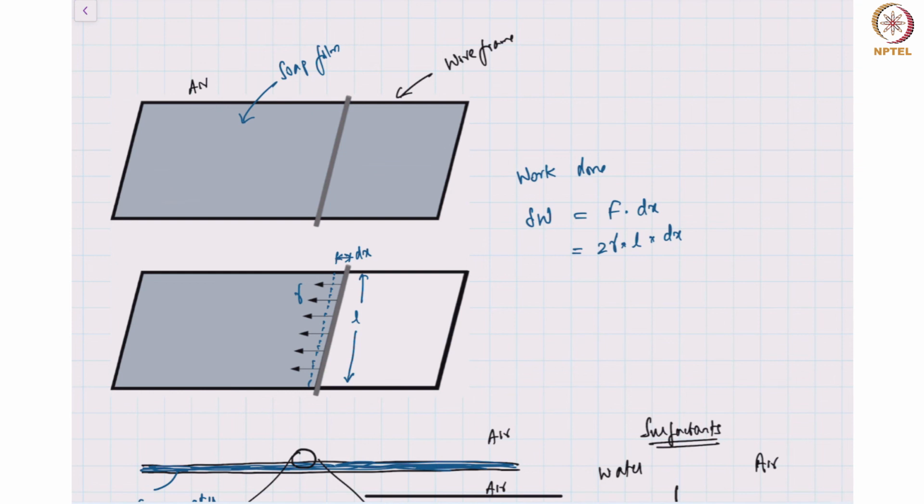From this we can estimate the work done, and we can say that this surface tension force is acting normal to the surface, normal to the rod. It's a force per unit length, and it's acting normal to the rod.